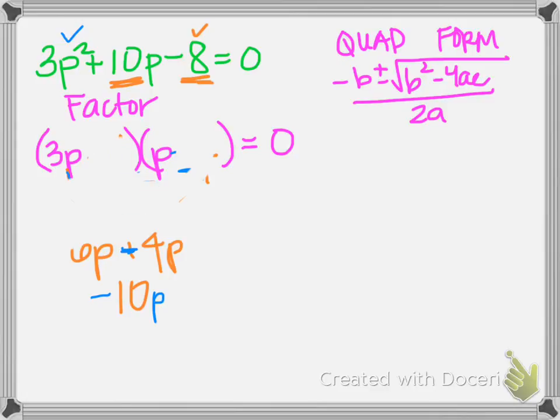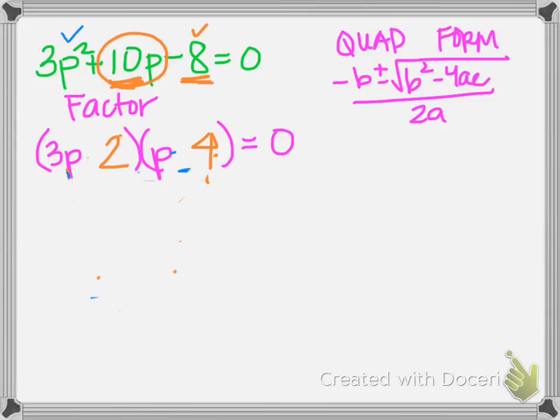So I'm going to reverse my process. What if I put 2 here and what if I put 4 there? Let's check this middle term one more time. 3 times 4 is 12. 2 times p is 2p. If I subtract them, that would give me positive 10.